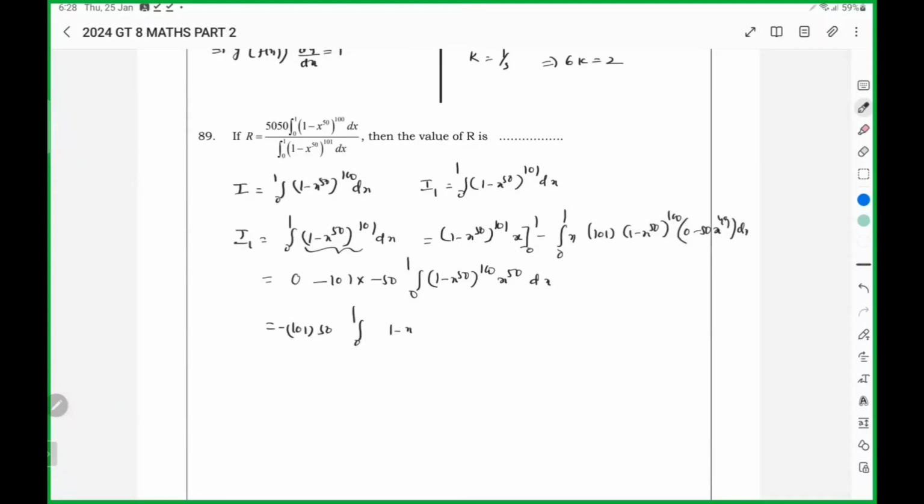1 minus x power 50 power 100 minus x power 50. So add and subtract: 1 minus x power 50 into power 100 dx, over 101. This into this. 1 minus x power 50 power 100 dx.